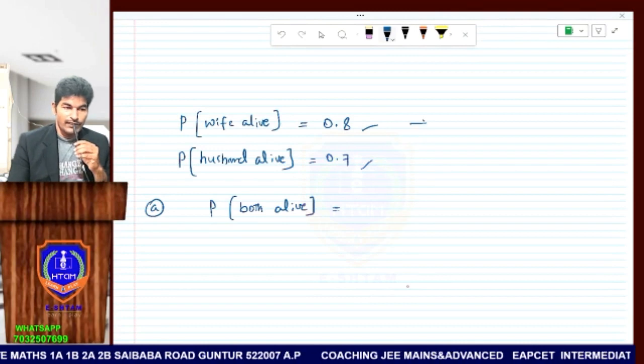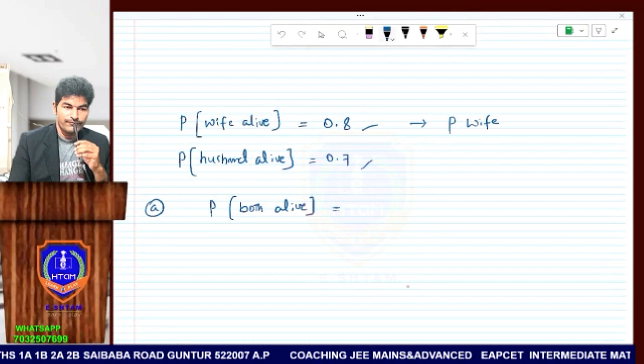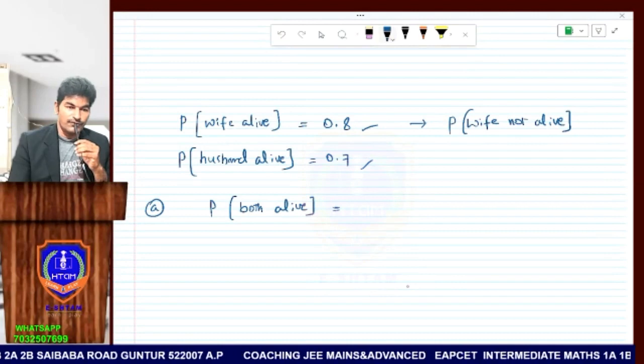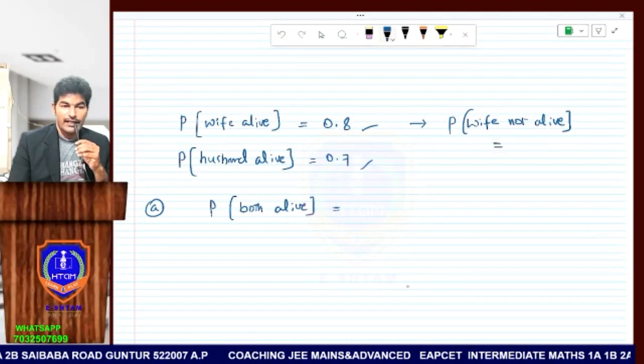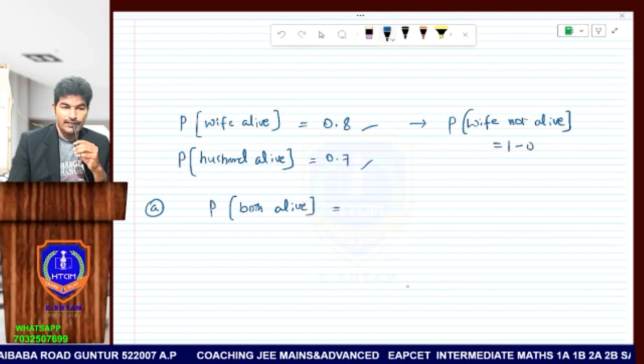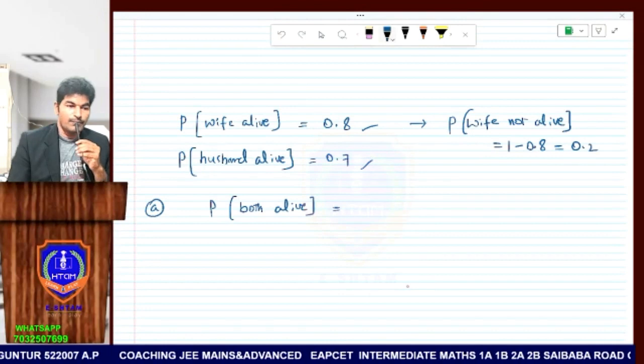Alive probability is 0.8. Probability of wife not alive means the complement of that alive situation. So how do you calculate this not alive case? By doing 1 minus 0.8, subtracting from 1, you will get 0.2.